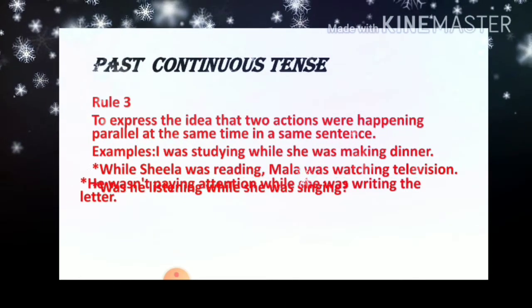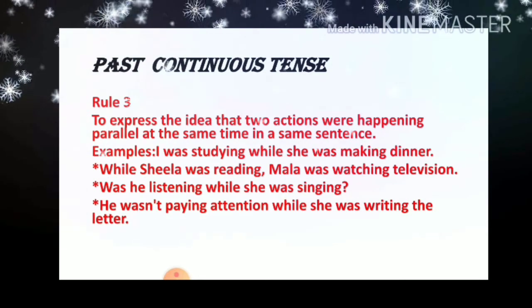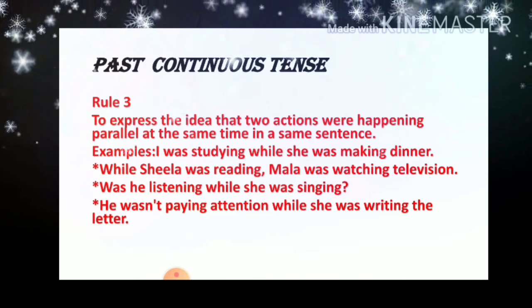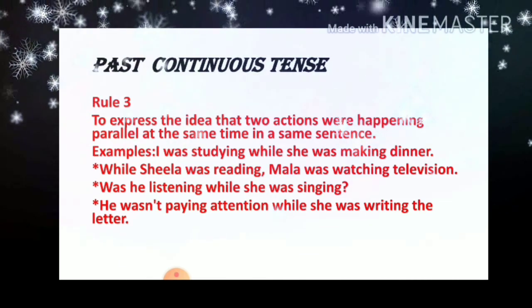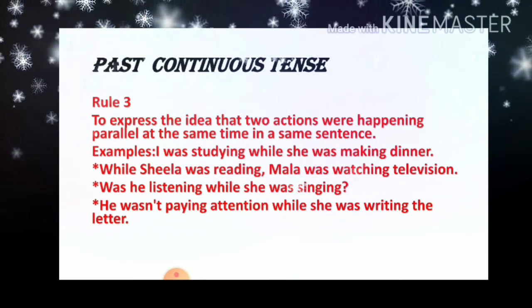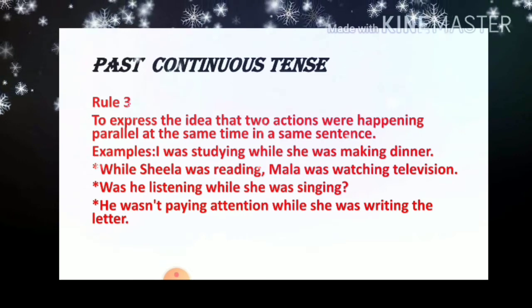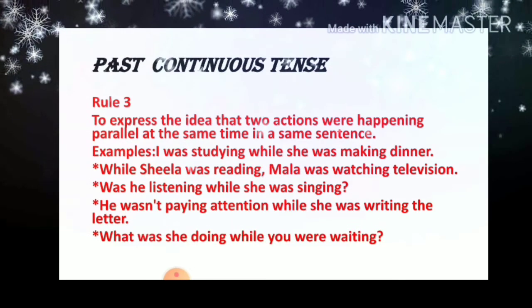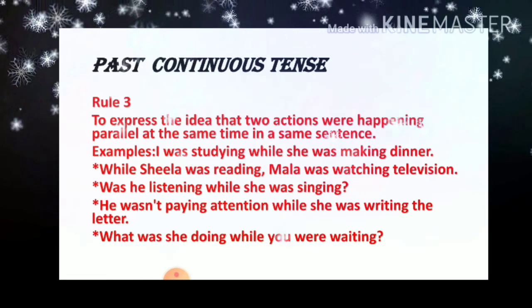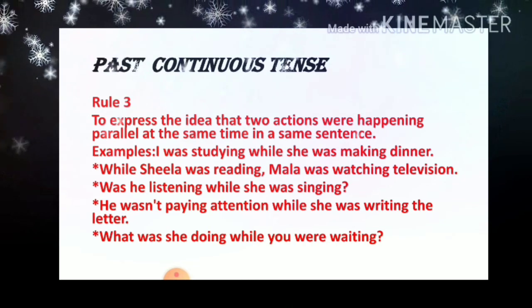Next one is, he wasn't paying attention while she was writing the letter. So there are two tasks, not parallel to each other, but happening at the same time. And the last one, what was she doing while you were waiting? There are also two tasks, doing and waiting.